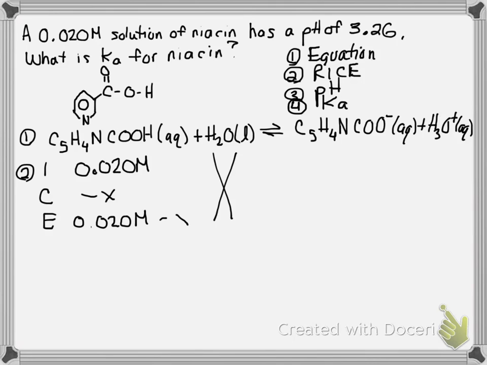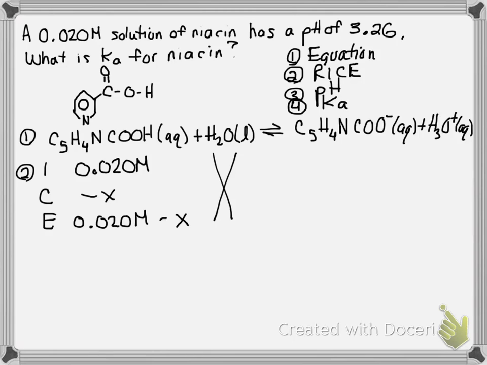First thing is you're given that 0.020 molar concentration of niacin. That means that that is the initial concentration. What that means is that if you had a liter of water, what they did to make this solution is they measured out 0.020 moles worth of niacin. So niacin has a molar mass. Convert that to grams.